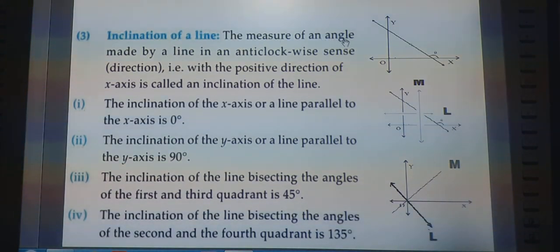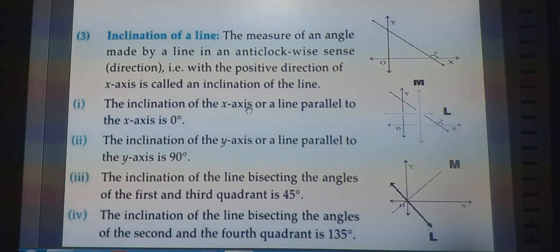The measure of an angle made by a line in an anti-clockwise sense, that is direction, with the positive direction of x-axis, is called the inclination of the line. It means when a line makes some angle with the positive direction of x-axis and the direction must be anti-clockwise, then the angle measure is called the inclination of a line.